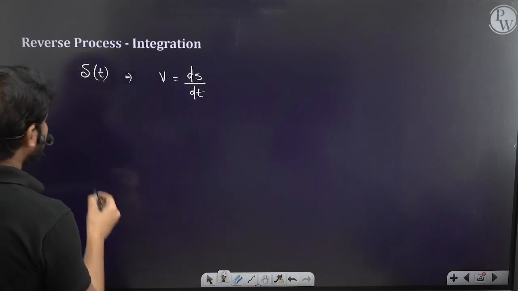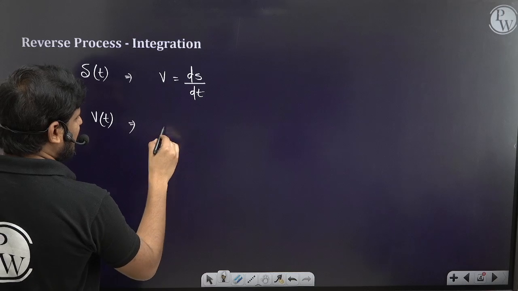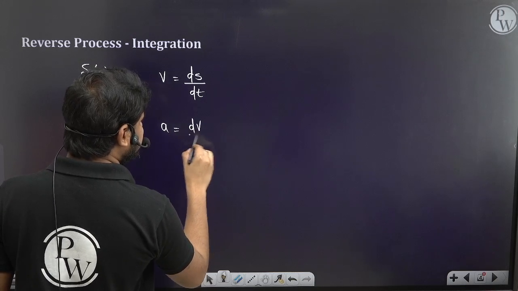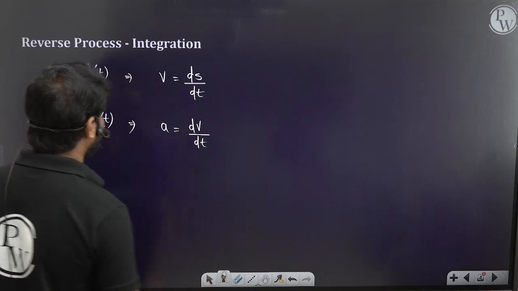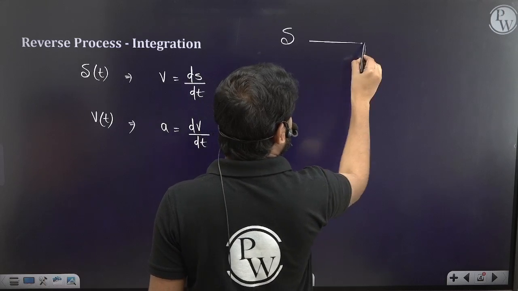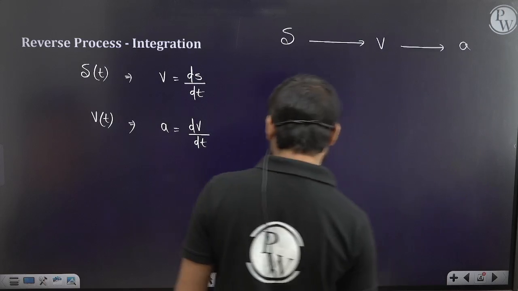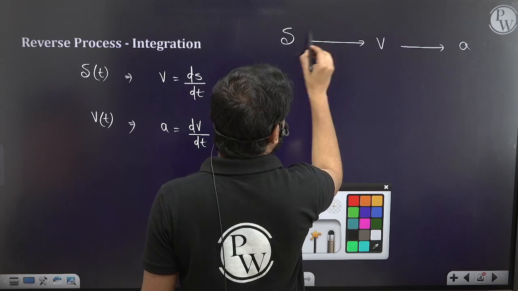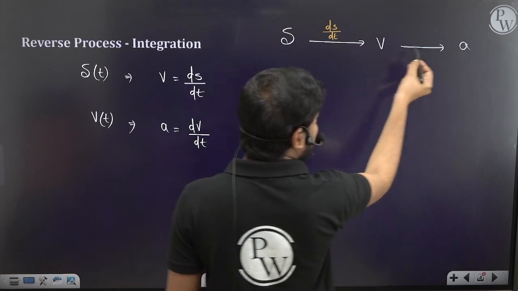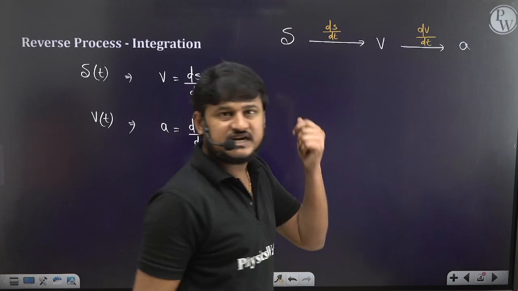And whenever velocity is given as a function of time, to find acceleration, we differentiated the velocity with respect to time. So from displacement to velocity and from velocity to acceleration, we did differentiation. ds by dt gives the velocity and dv by dt gives the acceleration. So this part is clear till now.